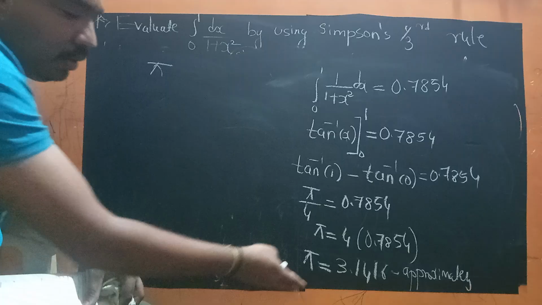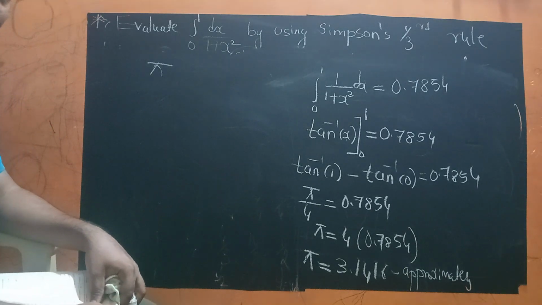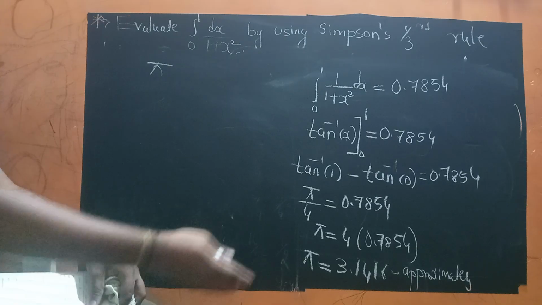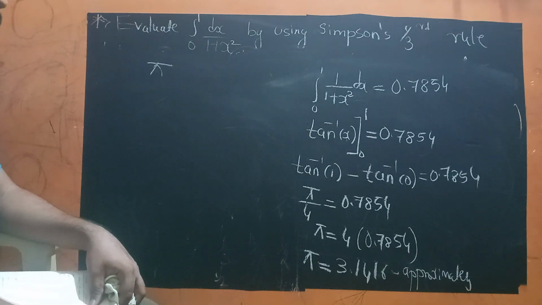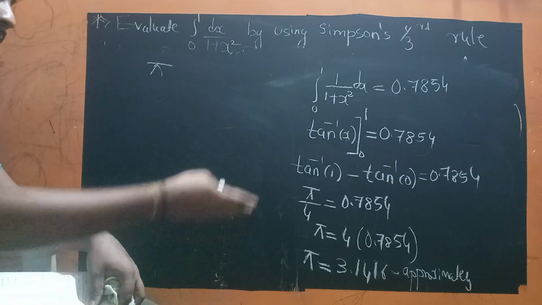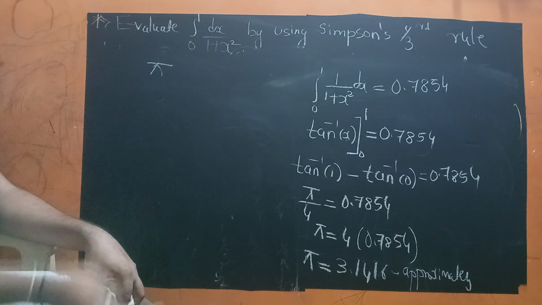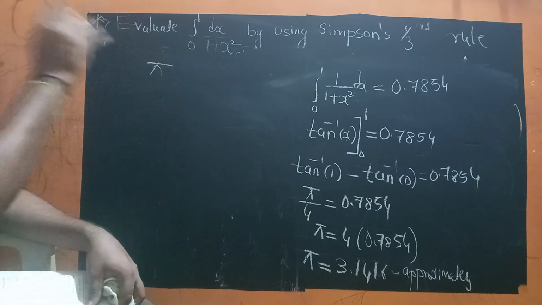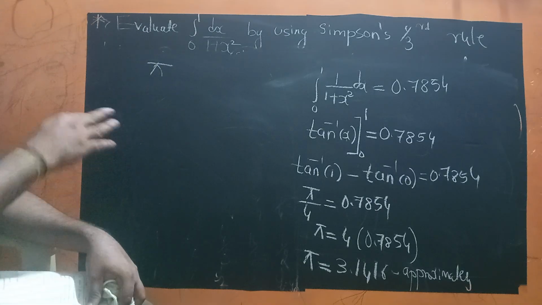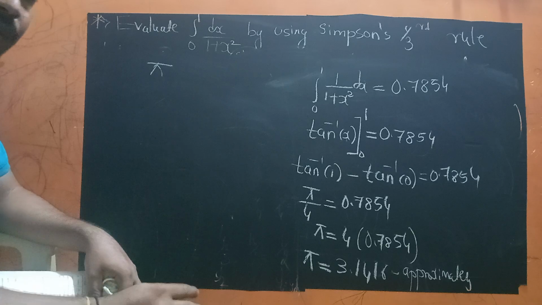So this you can cross verify with a calculator also, because we know already the pi value is 3.142. So from this method we got it as 3.1416. Because it is a numerical technique, whatever answers we are getting, all answers are approximate. So whichever problem they may give for Simpson's 1/3 rule, all the steps discussed so far you have to remember.